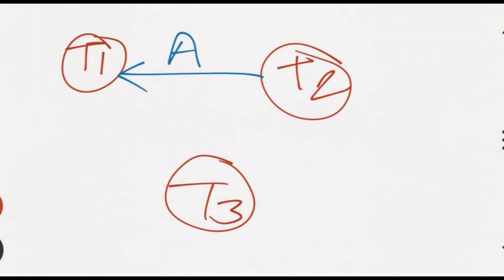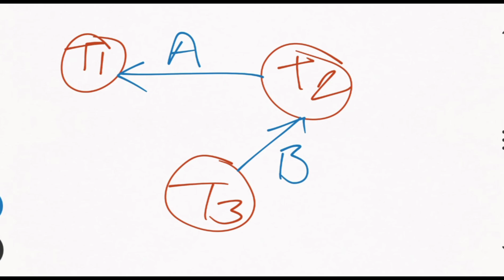So transaction T3 is waiting for transaction T2. Which data item does T3 want? T3 wants data item B, which is currently held by T2.